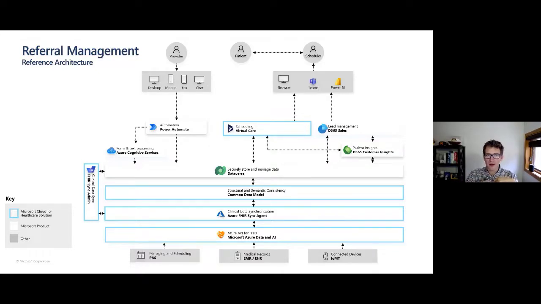Fax is obviously the one I gave an example of, but the chat channel is another really interesting one. You might have an automated chatbot scenario where somebody has typed in a couple of questions, or maybe you have a symptom checker using the Azure Health Bot, but you run into a point where that patient or member needs to provide insurance information.